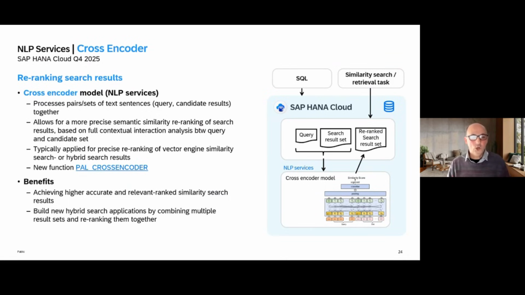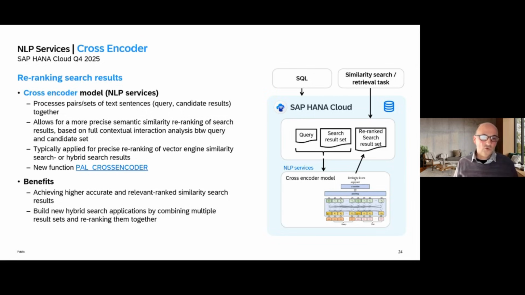By that, the context of similarity between the query and the pre-ranked search results can be more accurately identified, and therefore the results of these cross-encoder functions typically provide a higher precision compared to the original vector engine search results.